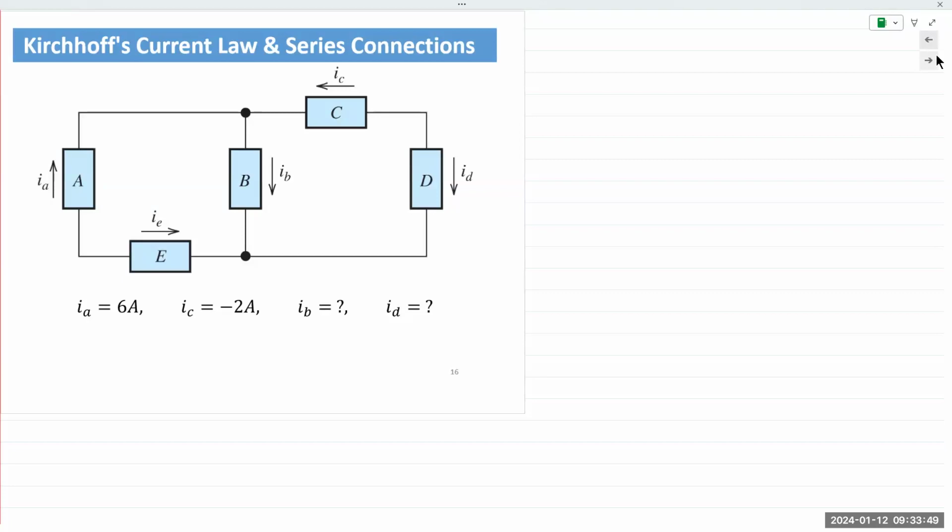So none of us were alive during his time, so we don't know. But the first time I heard this name was in a department meeting, and someone kept saying it, and I was like, I have no idea what that means. What do I do now? And then it turns out they're talking about KCL and KVL. So if you hear me use the word Kirchhoff, this is what I'm talking about.